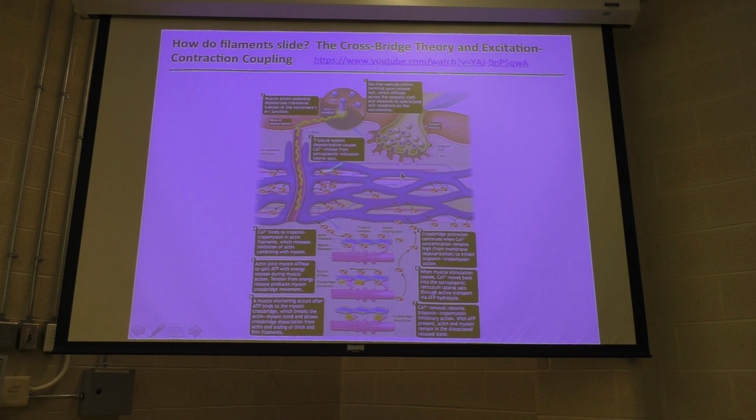Next, this acetylcholine signal is integrated at the neuromuscular junction. Things happen, and the sarcoplasmic reticulum releases its calcium into the sarcoplasm. The calcium then interacts with the troponin-tropomyosin complex.